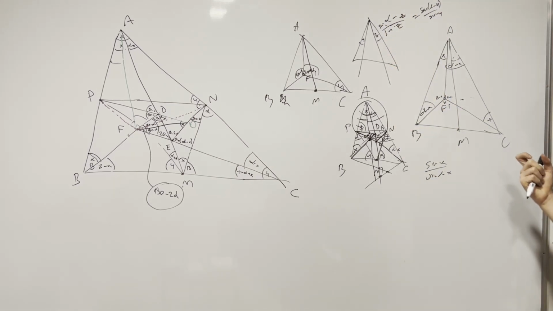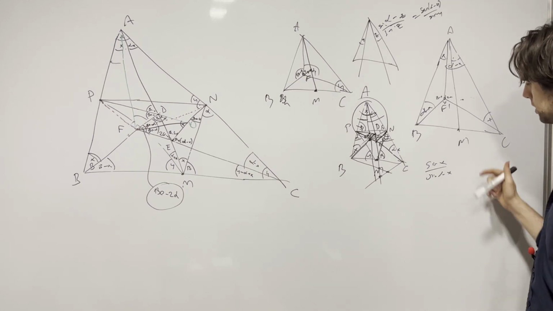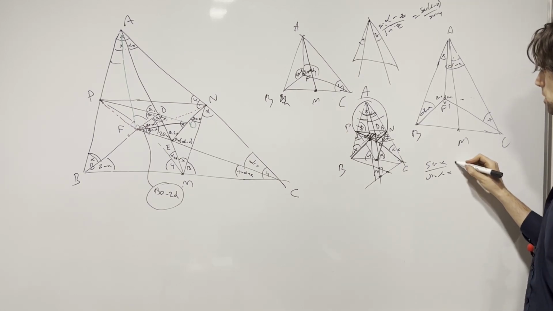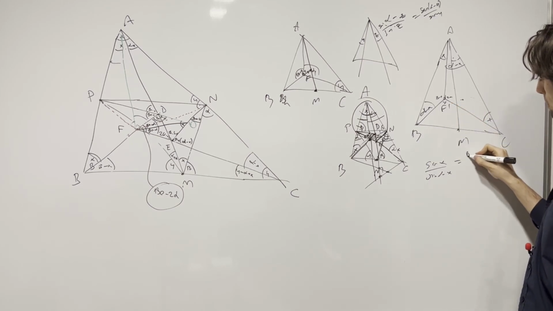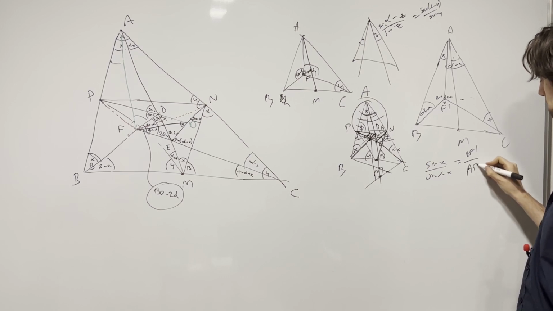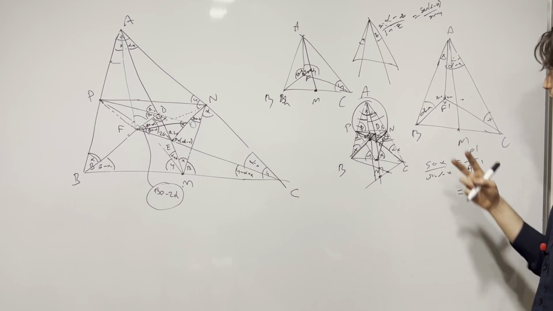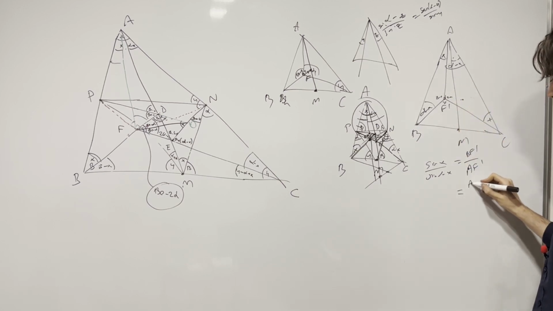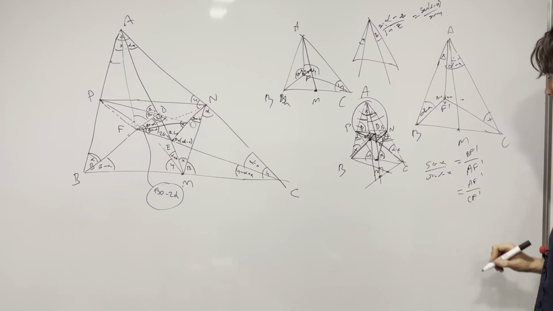And the idea here goes, okay, they are similar. I have, let's see how we do this. On one hand, this is BF prime over AF prime. And it's also equal to, on the other hand, sine of x over sine of alpha minus x is equal to AF prime over CF prime.